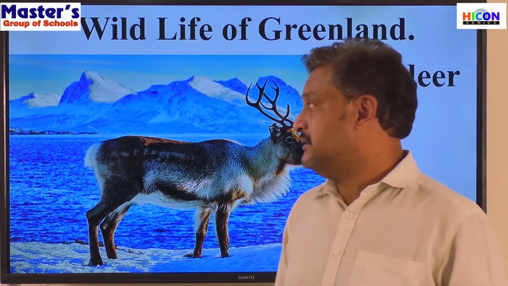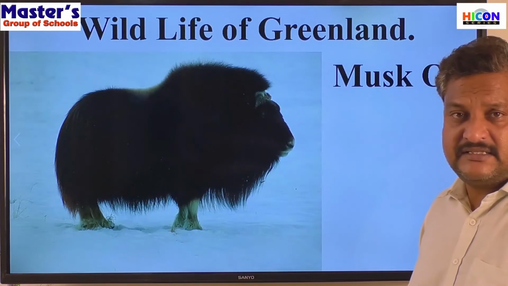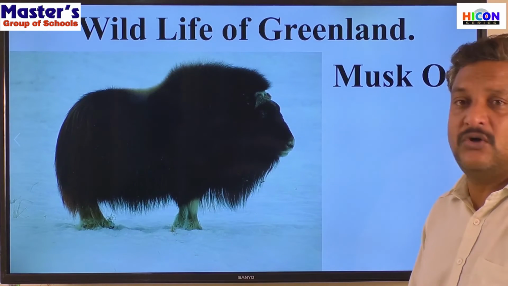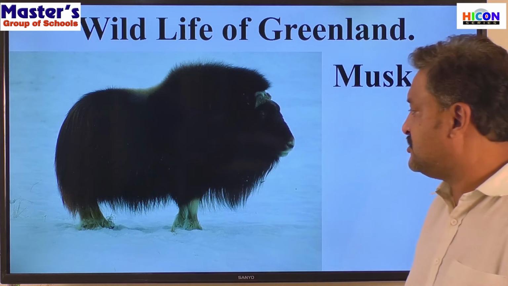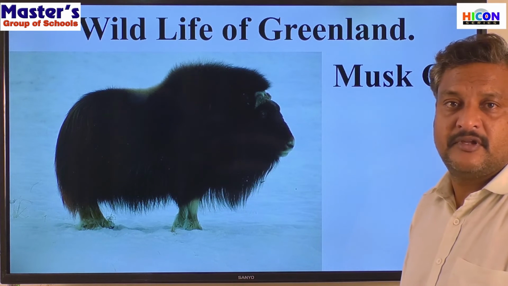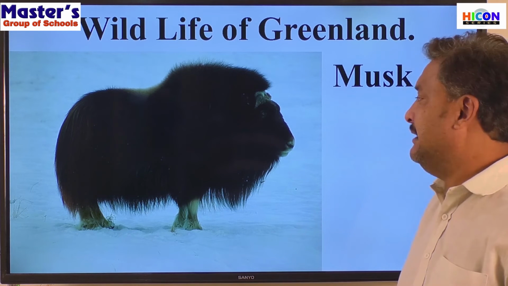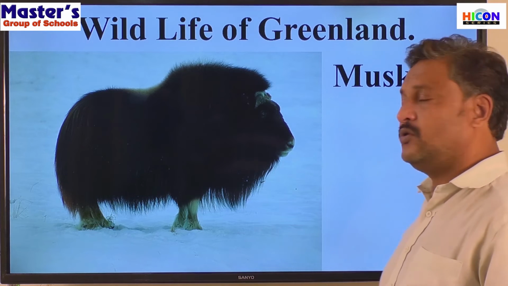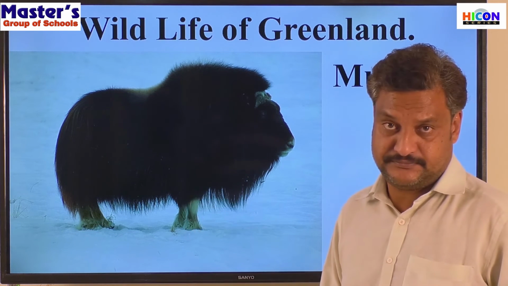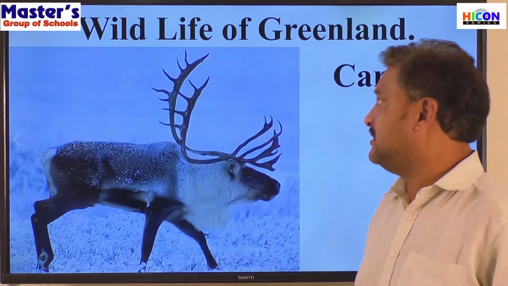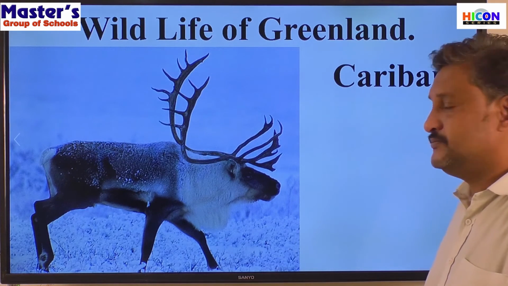Right? And another such animal is the musk ox. See how thick the hair is on its body. It is a very furry animal, and these are also raised for the purpose of fur and meat. Another animal is the caribou.